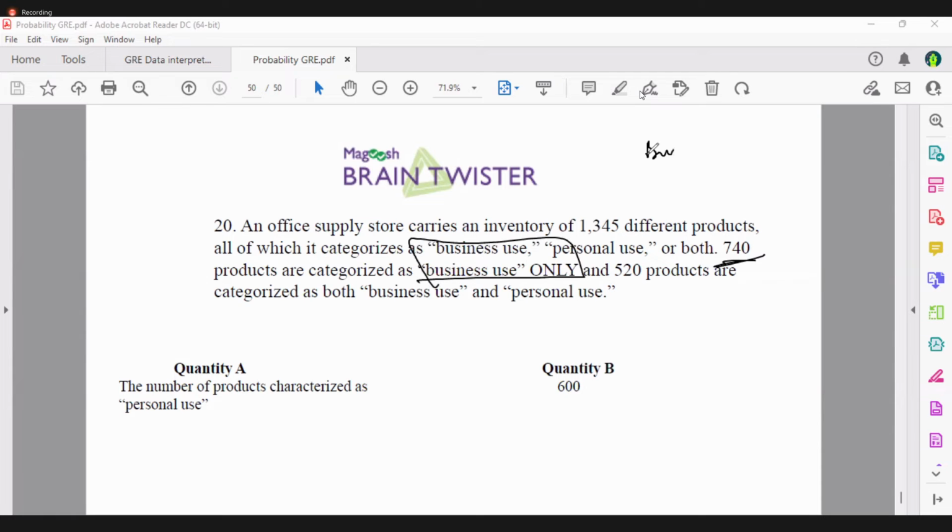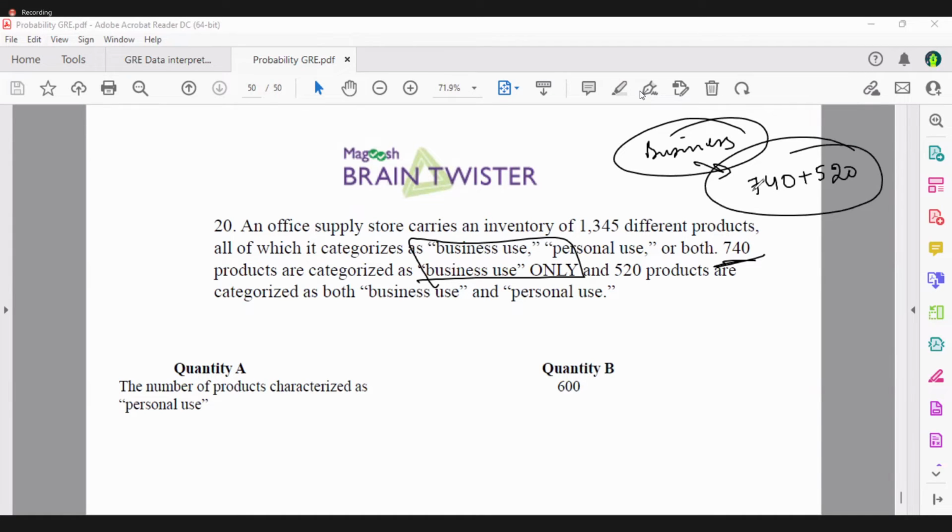So for business, it would be 740 plus 520, for business use, not only business use, which also includes some of the personal as well. So this would be 1260.